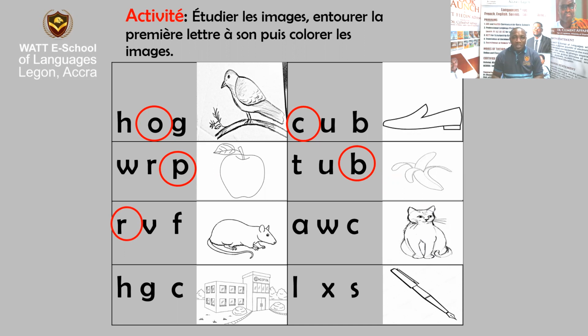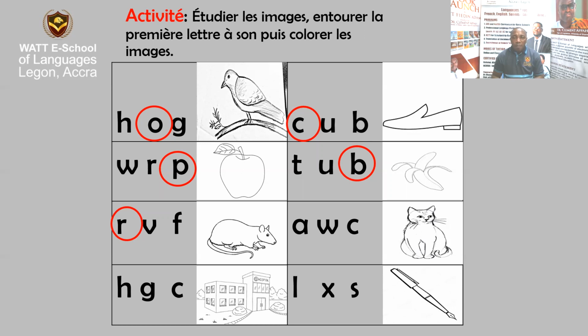Look at the picture. What do you see? Meow. But the name is not meow. It's cat. How do you say cat in French? You say chat. Un chat. Again, un chat.